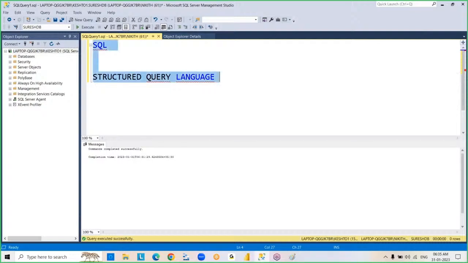In the same way, we also have SEQUEL, which stands for Structured English Query Language. In the beginning, there was the common language SEQUEL only. Now it is SQL only. There is no SEQUEL now. That's why we still write it as SQL, but we are calling it SEQUEL. You also call it SEQUEL only. Okay.